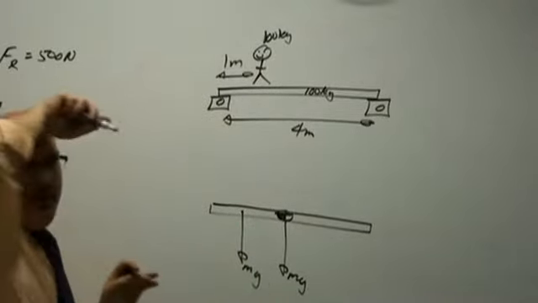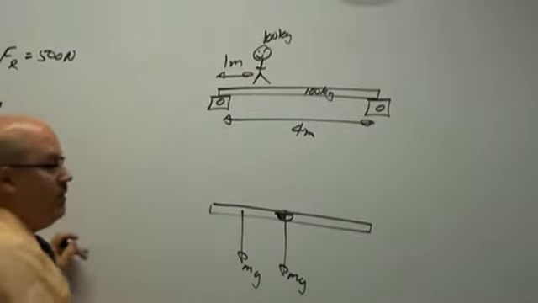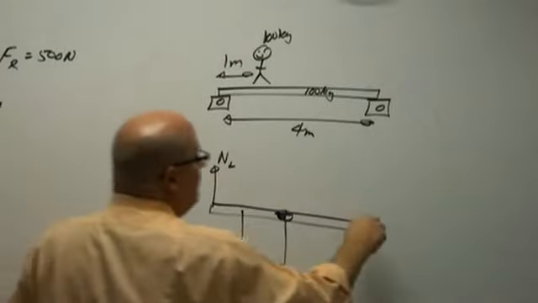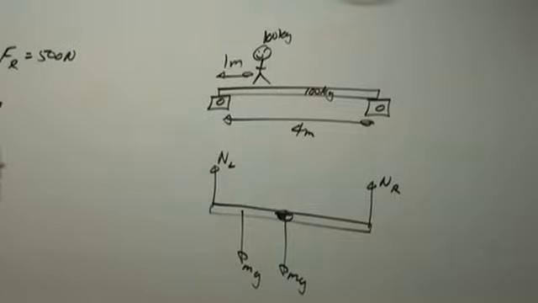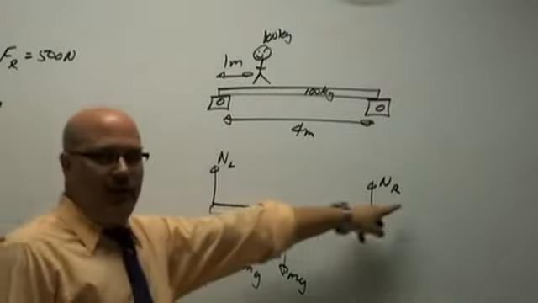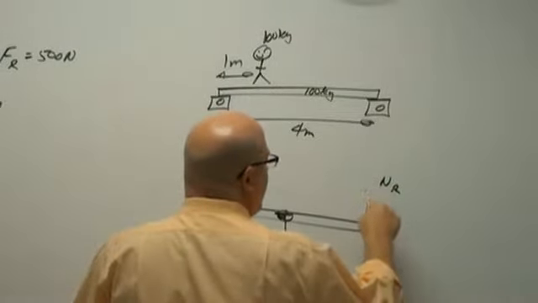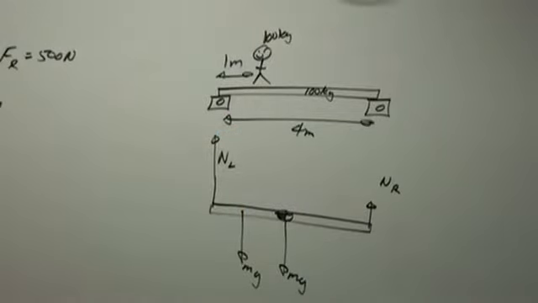And these two are going to be the same in this case, 100 kilograms. Then you've got the 2 normal forces, the normal force on the left and the normal force on the right. Now I've drawn them all kind of the same length, but in reality, this one's going to have to be longer than that one, right? So let me do that, just to remind me that that's going to be true.